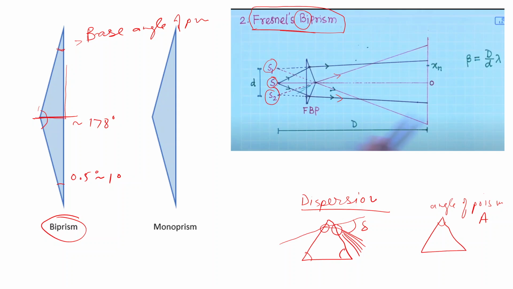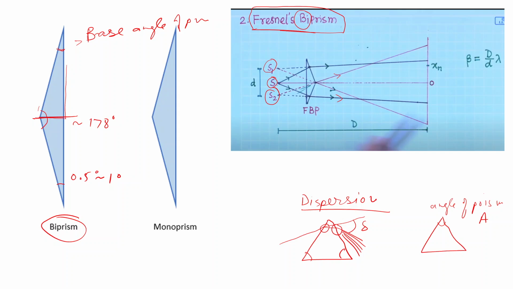So these are the virtual sources or virtual points: although the source is here, after refraction the wave comes out as if it is coming from points S1 and S2.